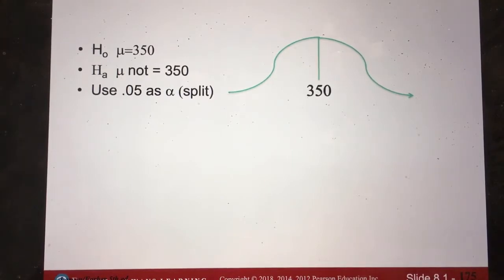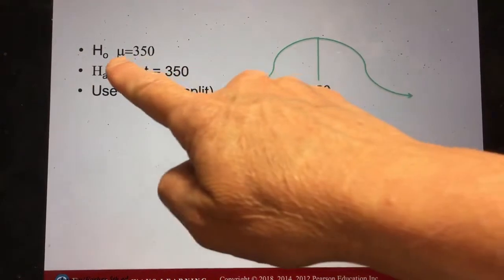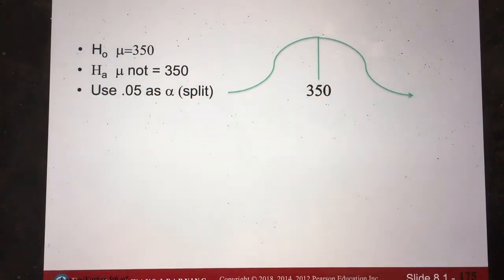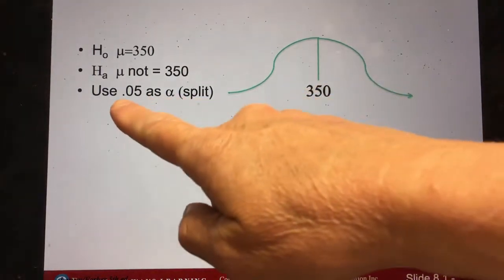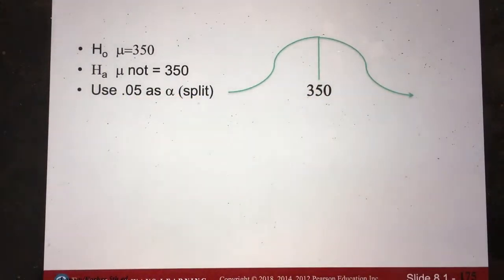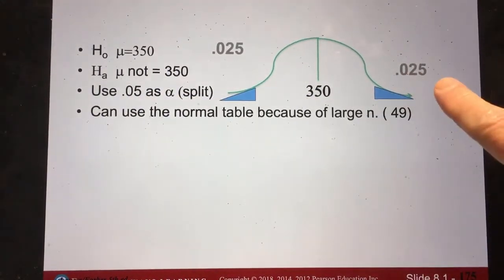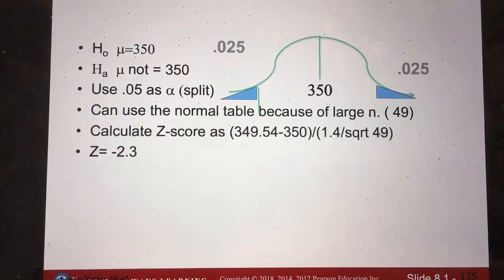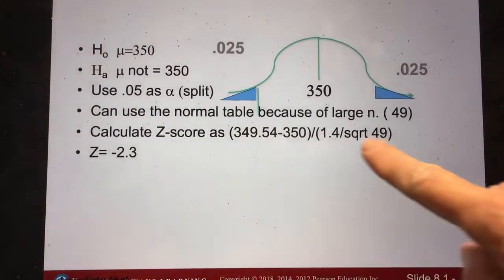Okay, so now we've got my very crudely graphed picture, so we're assuming the mean is 350. The 0.05 is our alpha. Because we're saying the mean is not 350 is our alternative hypothesis, we're going to split our 0.05 into two tails, and those will be our rejection regions. Then we're going to calculate our z-score.